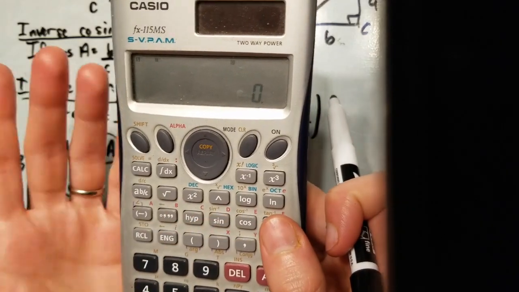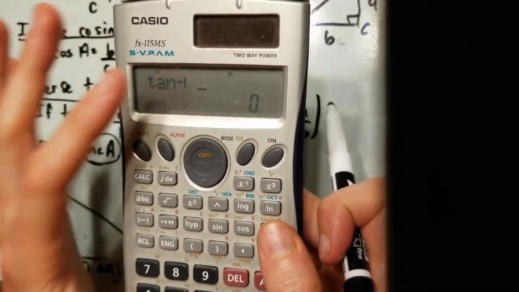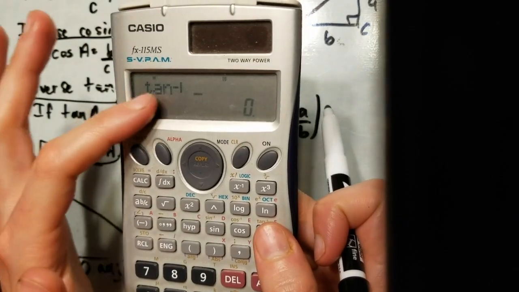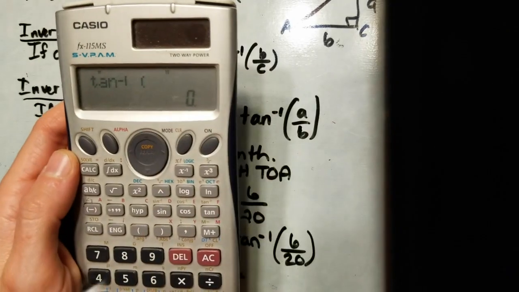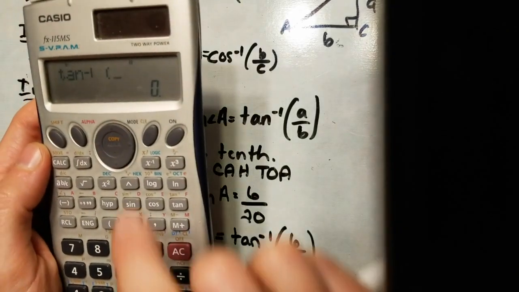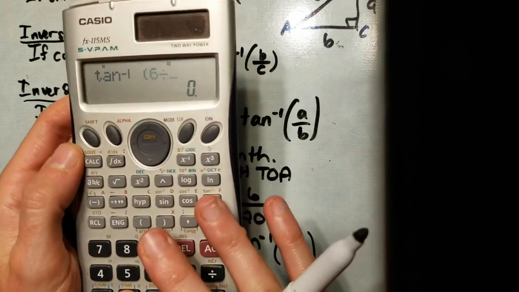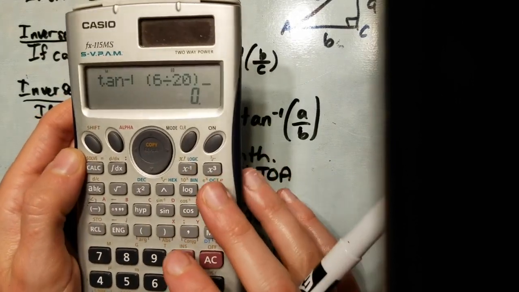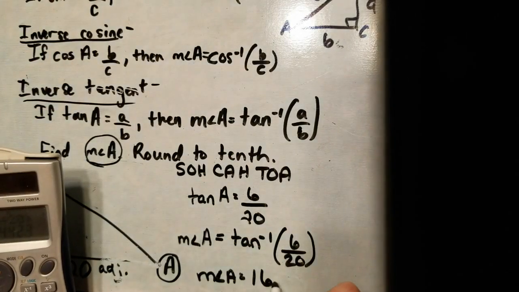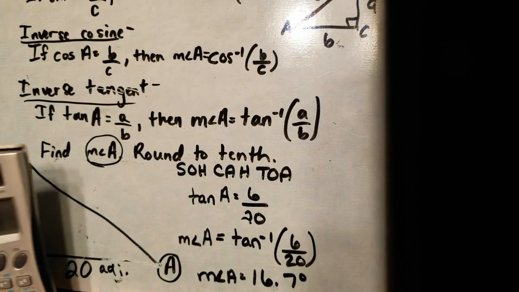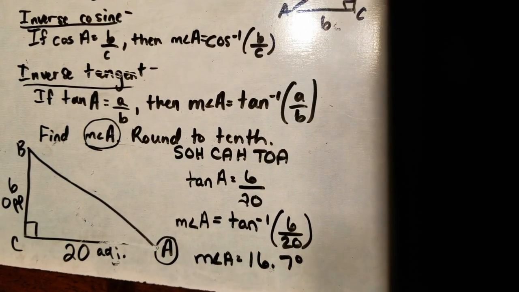See it says tangent to the -1, so inverse tangent. Sometimes it will give you parentheses, but if it doesn't, like on this one, you do still need to use parentheses. And then 6 divided by 20. We're going to round to the tenth, and remember this is an angle. So this angle is about 16.7 degrees.